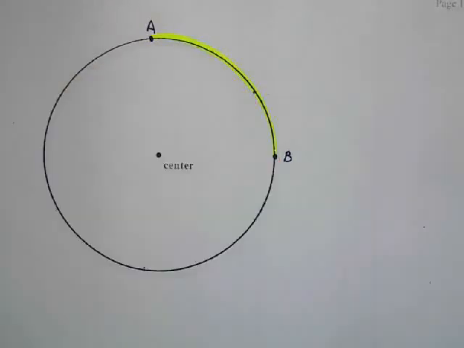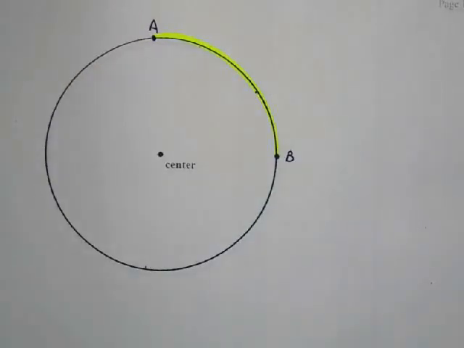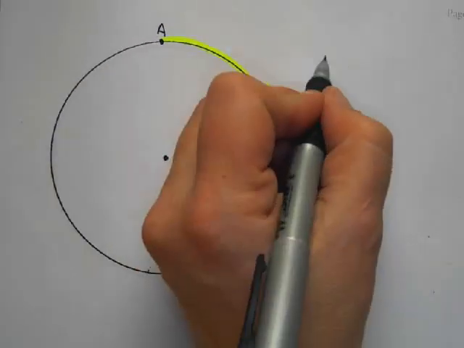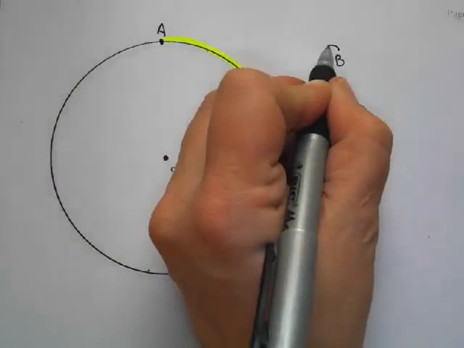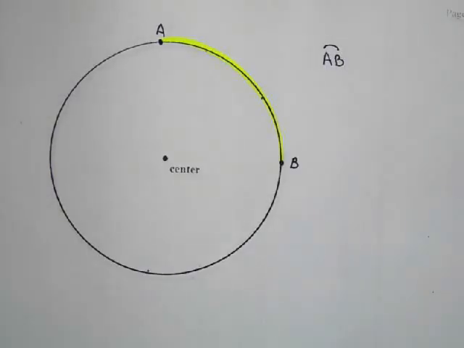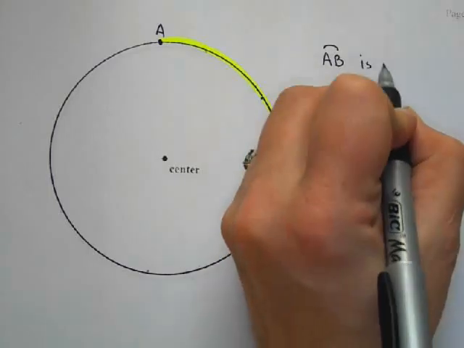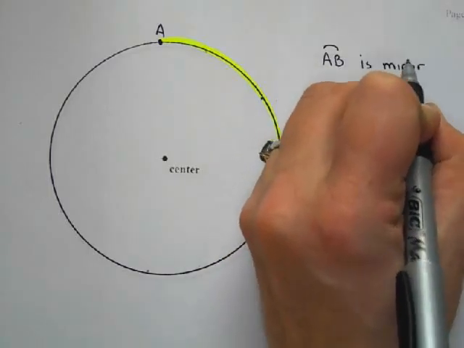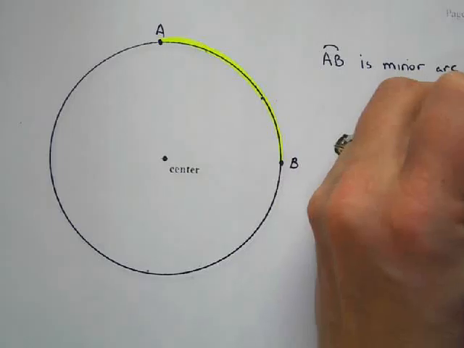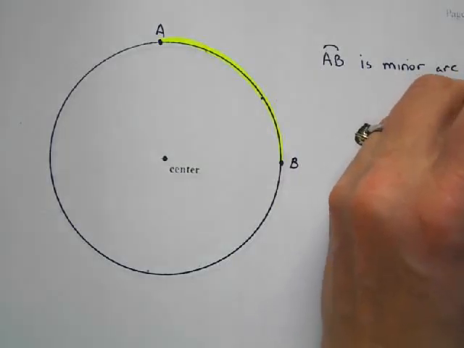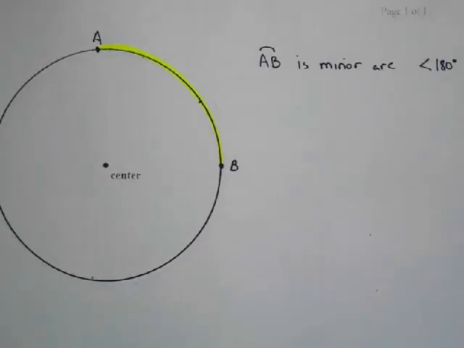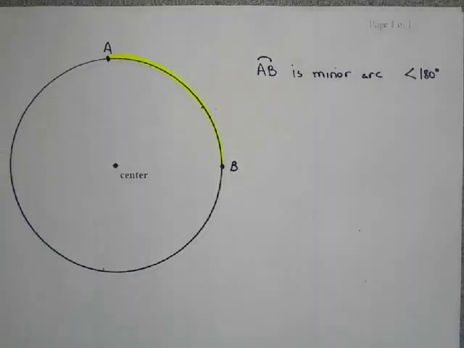So this piece is called the arc. It's a part of the circle. So AB, an arc we use, looks kind of like an eyebrow. So AB is a minor arc. The reason it's a minor arc, it's less than 180 degrees. So minor arc, less than 180.